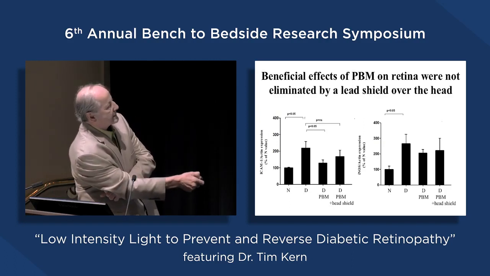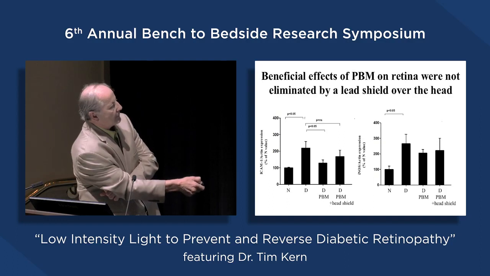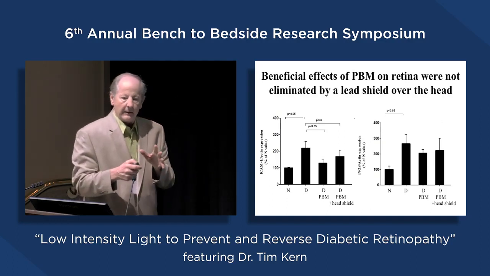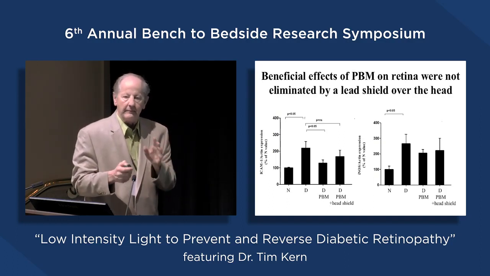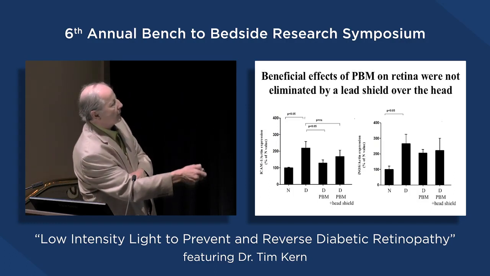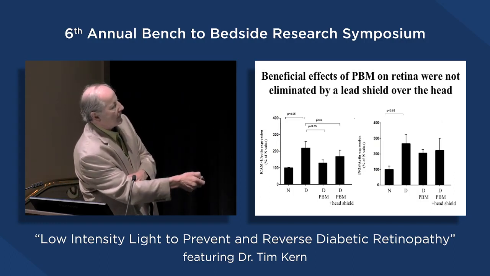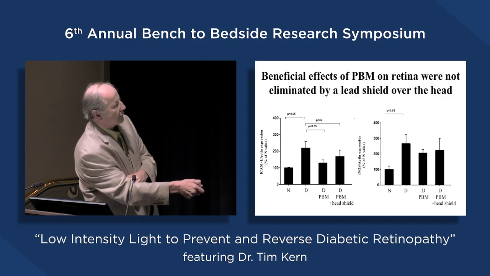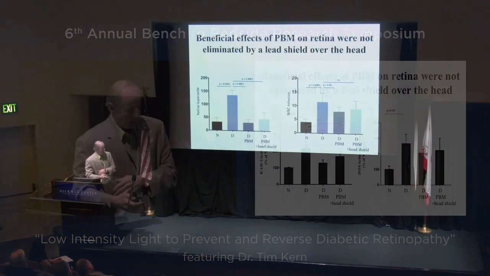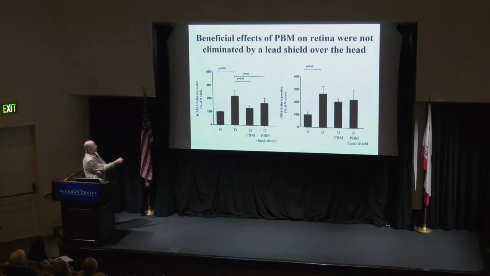Again, this is the white blood cell adherence. The effect, if the lead shield is put over the head, is variable. So here's white blood cell adhesion. There was not as great of a demonstrable effect. A couple other things. Here's ICAM expression in the retina. Here's iNOS expression.